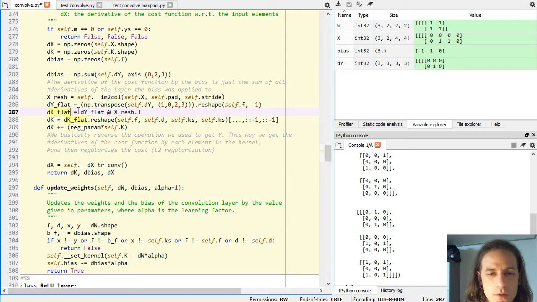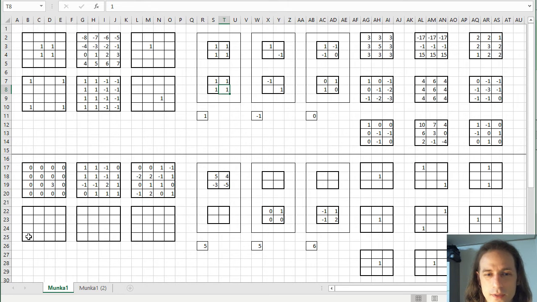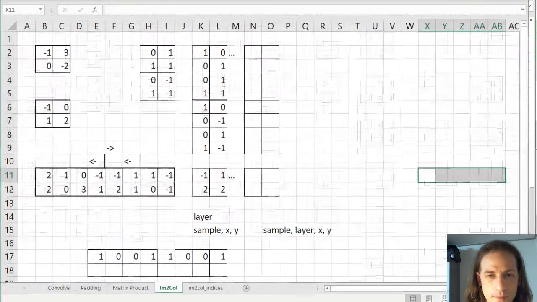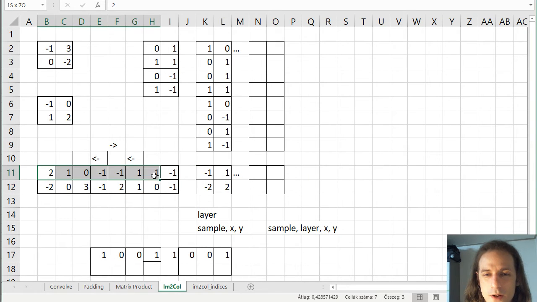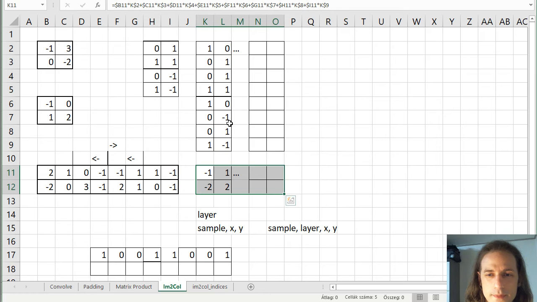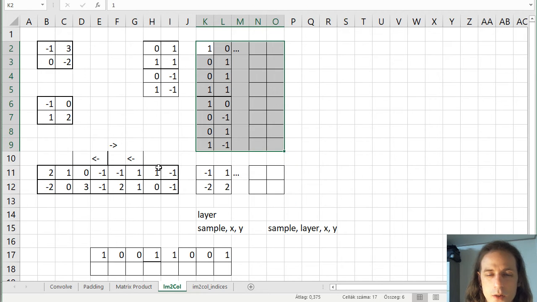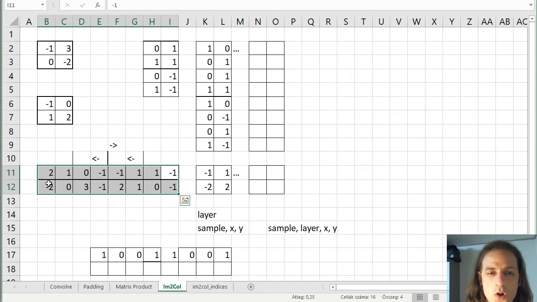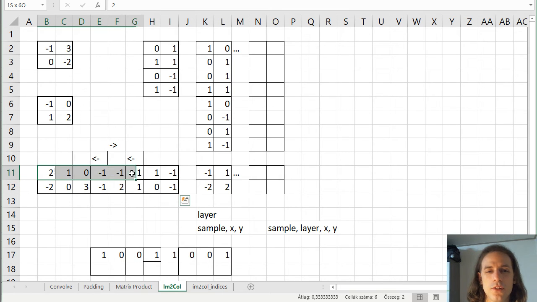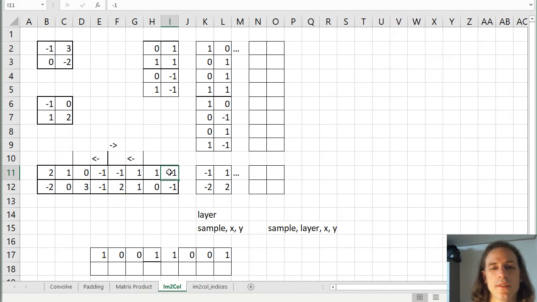And then, lo and behold, we do a matrix multiplication here, which is not this, but this one. So instead of this matrix multiplication, remember what we have is the dy's and the x's, and we want to figure out how to calculate the dk, which is the derivative by the weights.